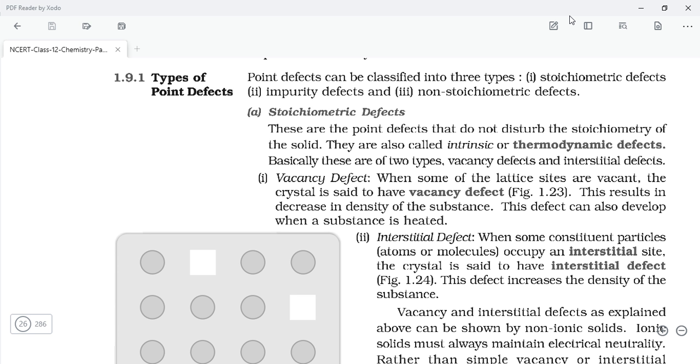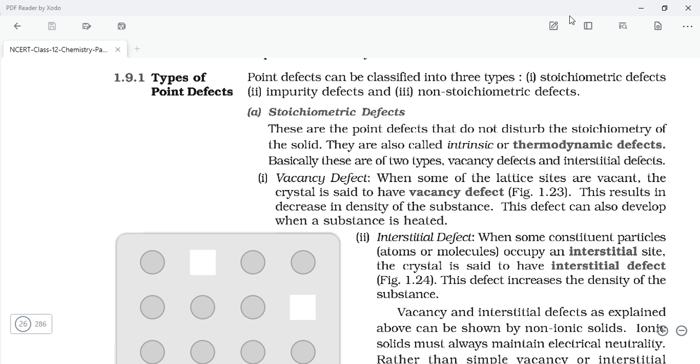The defect can also develop when the substance is heated. When you heat a substance, you are basically providing the atoms more energy. Temperature is a form of kinetic energy of the molecules, as you might have studied in thermodynamics.